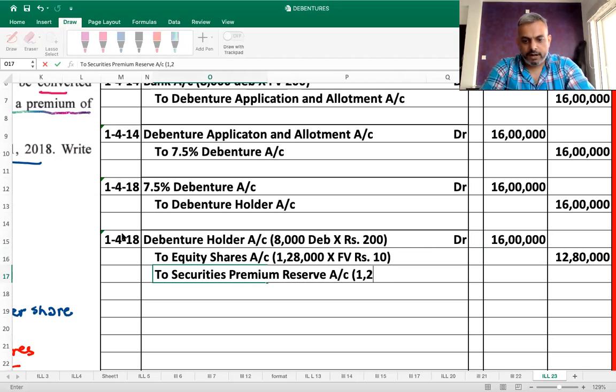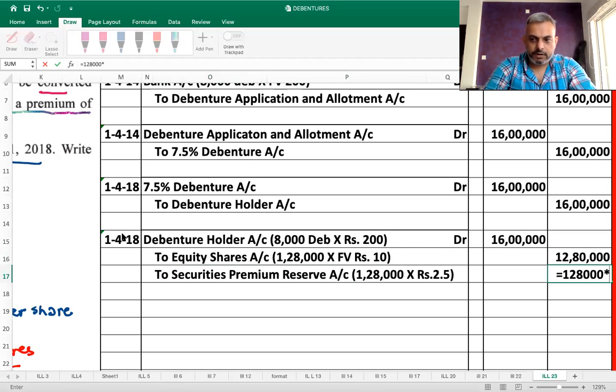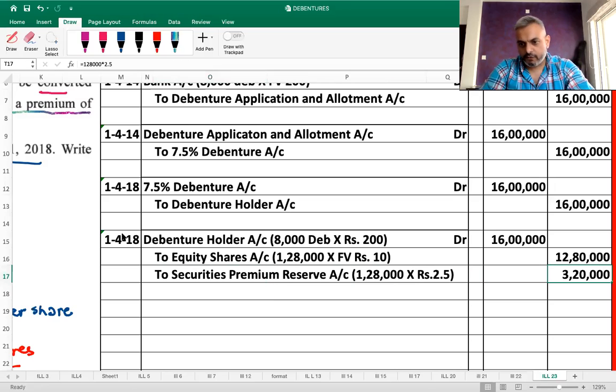Now again 1,28,000 into premium is rupees 2.5. So 1,28,000 into 2.5 comes to 3,20,000. Cross verify. Yes. So this is the entry.